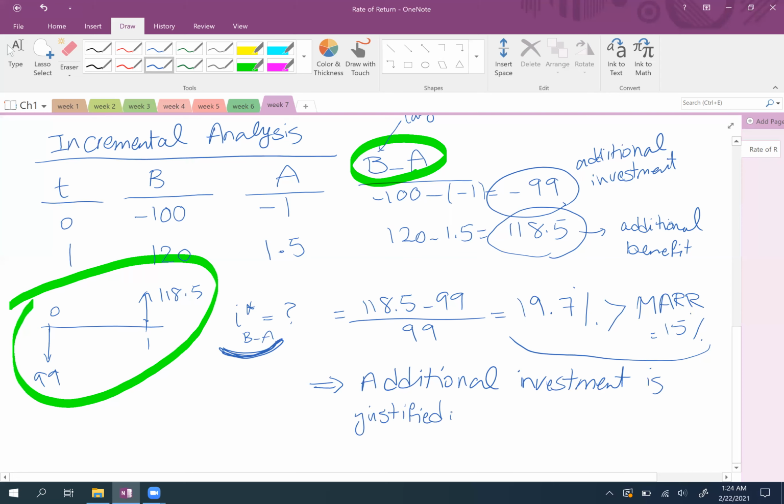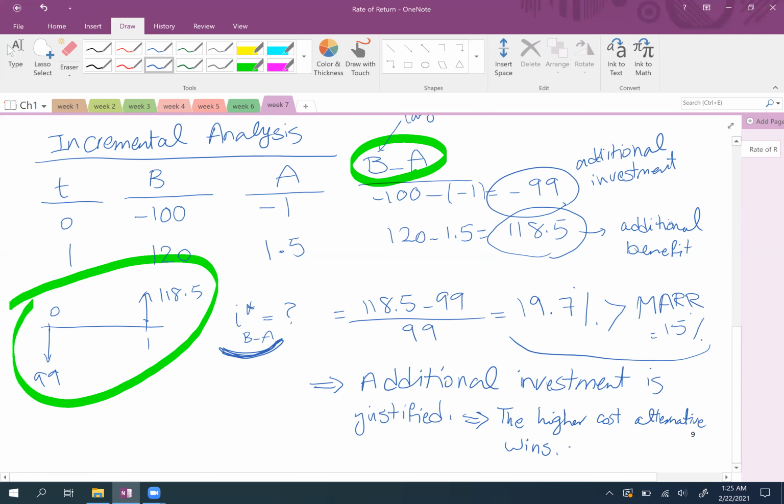Okay, so what does it mean when we are saying additional investment is justified? It means that the higher cost alternative wins. Or in other words, what was the highest cost?